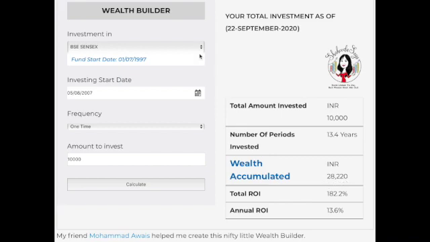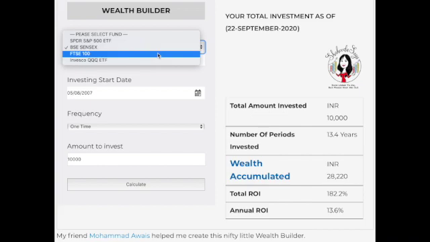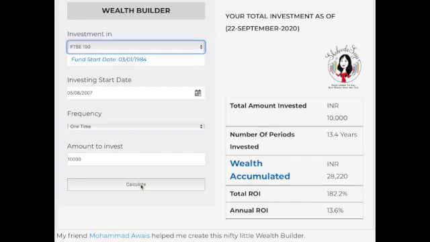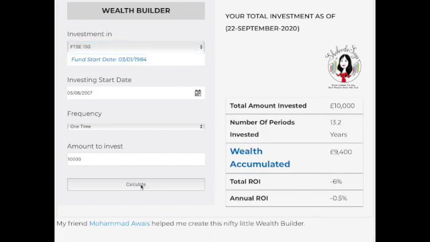So the Spider beat Sensex in this period. Let's see, Ftse 100, and let's say it's 10,000 pounds. You would have lost money. So Ftse has been performing very poorly over the last several years. The Ftse 100, I think they should reevaluate Ftse 100.